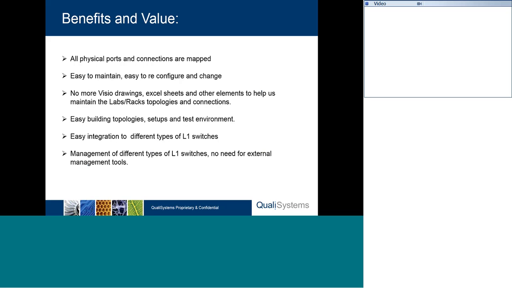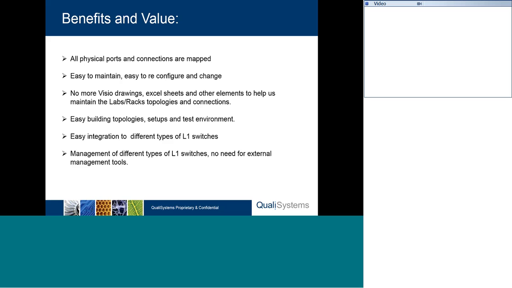It's easy to maintain, reconfigure and change, because now you can just see in the database that a specific port is connected to a specific other port. Take it out, connect it as you wish, update the database, and that's it. Next time you search for it, it will be updated and show immediately with the new configuration.